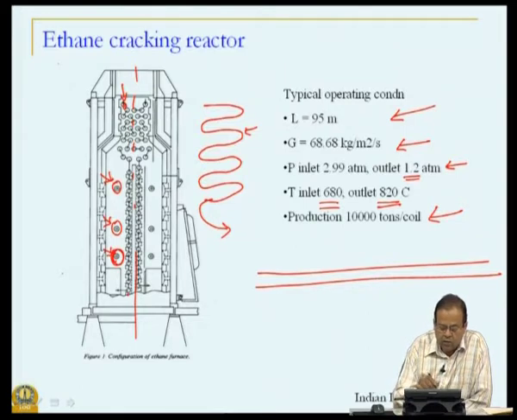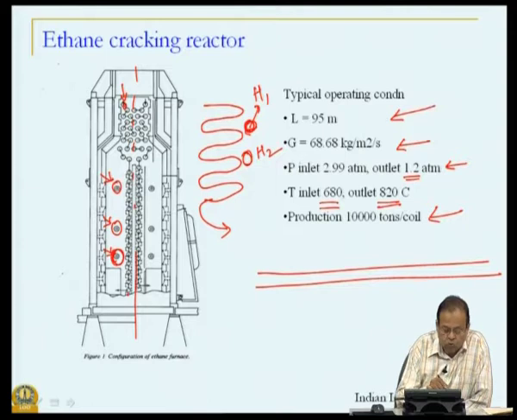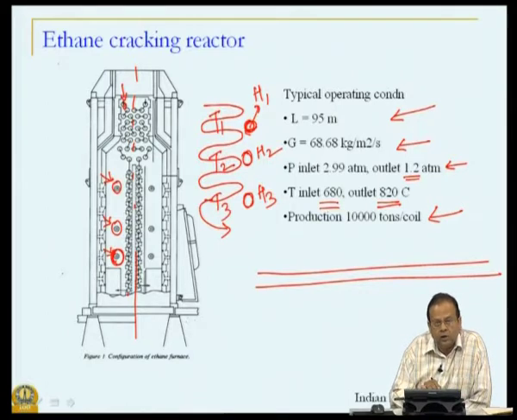Why is that? For example, if you again look at the side view, what we are seeing is that in this regime the heat flux will be, let us say, some H1. In this regime it will be H2. Again, these are the burners that you are seeing here, H3 and so on. So, we can have temperature T1 in this regime, temperature T2 in this regime, temperature T3 here and so on.